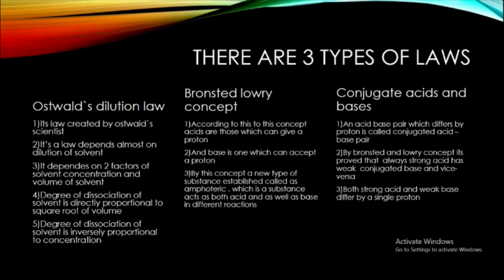But here conjugation is nothing but a difference of a single proton. An acid base pair which differs by a proton is called a conjugated acid base pair. So by Bronsted, the next point explains the Bronsted and Lowry concept.